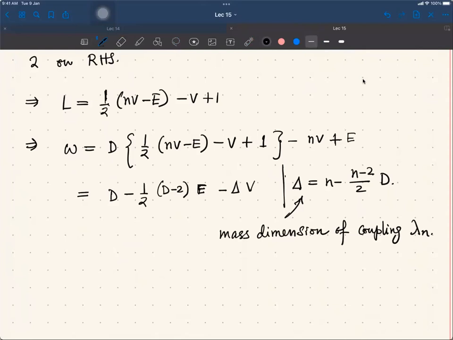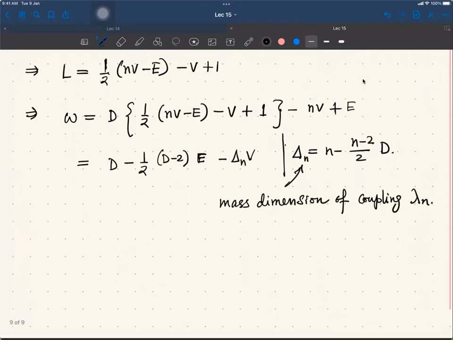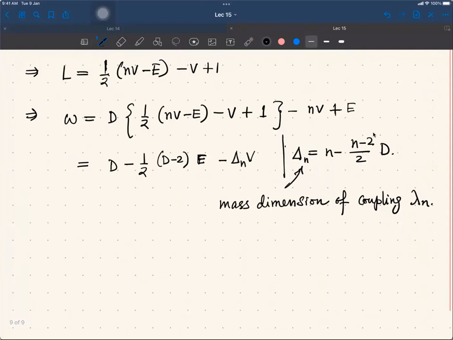We can call it delta n also. Now let us discuss what a mass dimension is. Let me explain that a little.